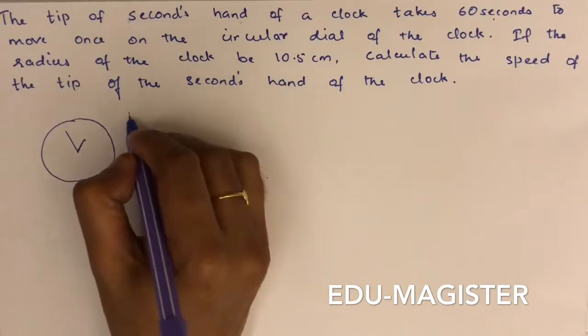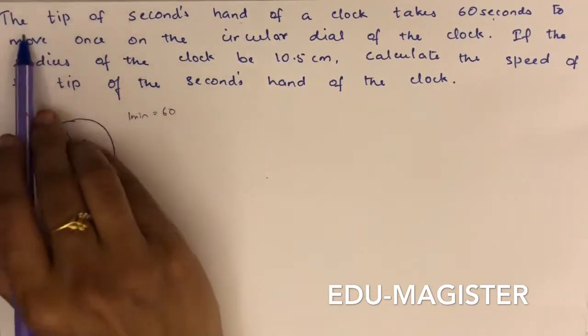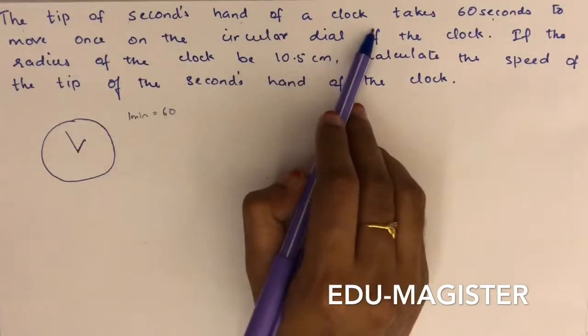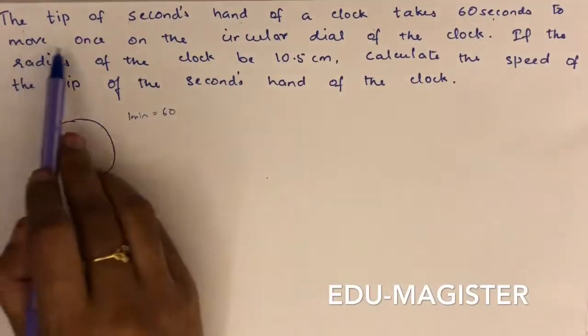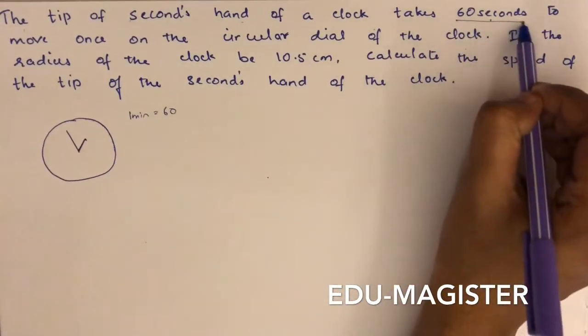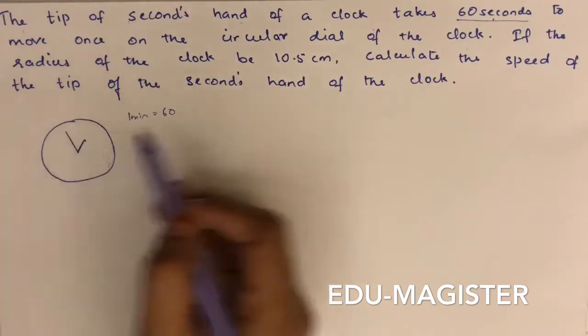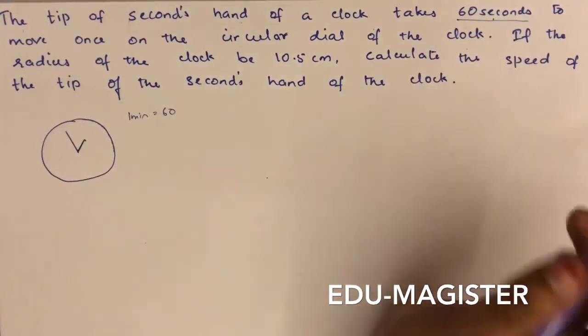That is 60 seconds. That is what is given in the first line. The tip of the seconds hand of a clock takes 60 seconds to move once on the circular dial of the clock. So the time taken by the seconds hand to move once around the circular dial is 60 seconds.